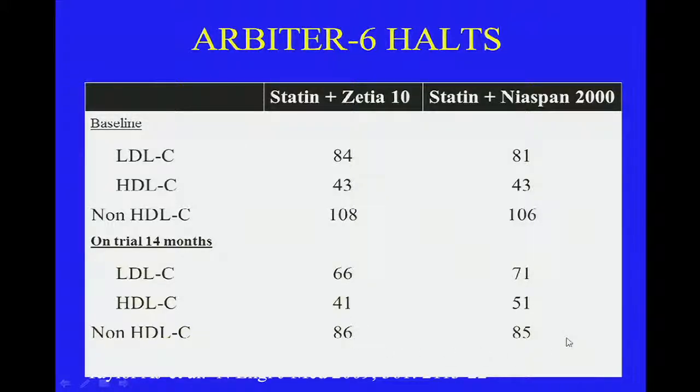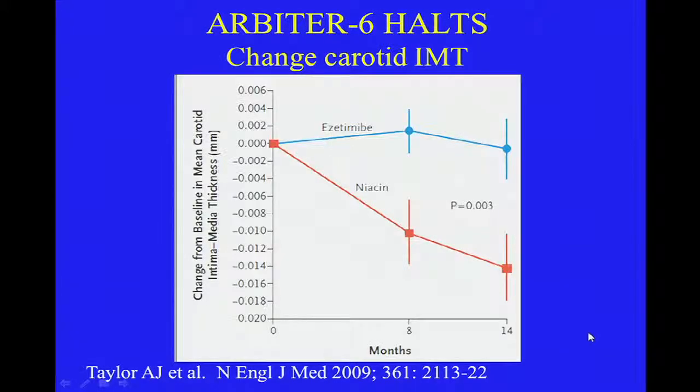The non-HDL was not different at all in this study. You would expect nothing to happen based on my use of non-HDL. But the other thing that's happening is you're getting this 10-point major change in HDL. So what happened to the IMT? It stayed the same. It didn't get larger or smaller with the use of Zetia, but adding niacin, you did get this reduction in the IMT thickness.